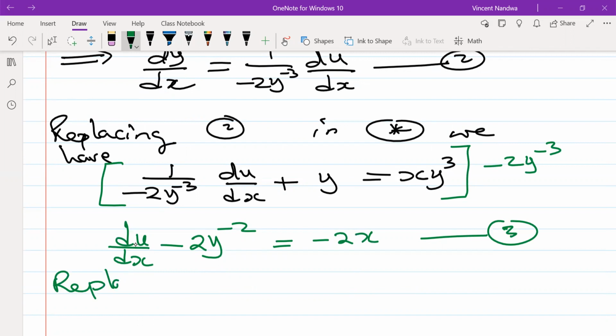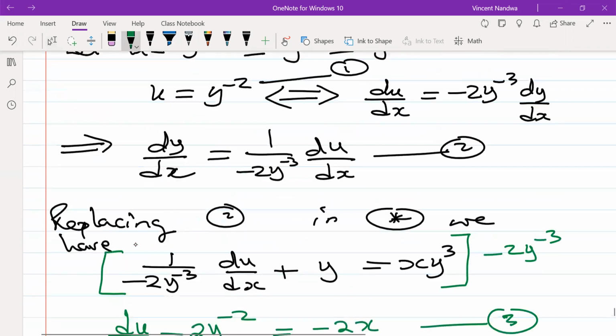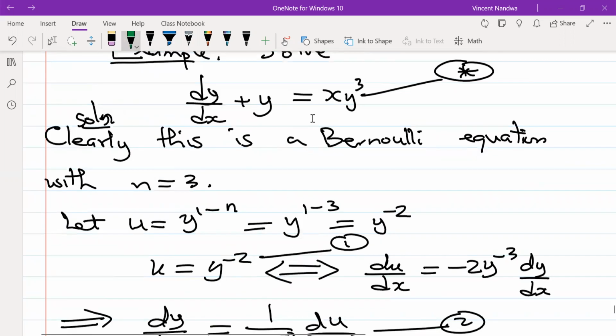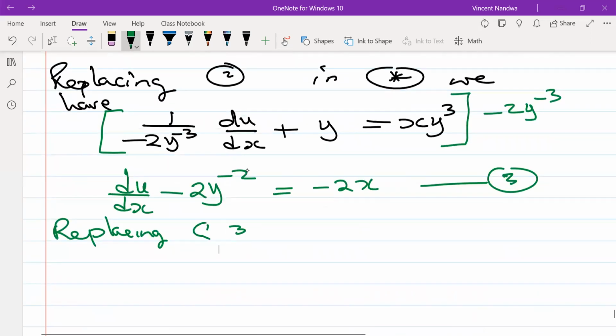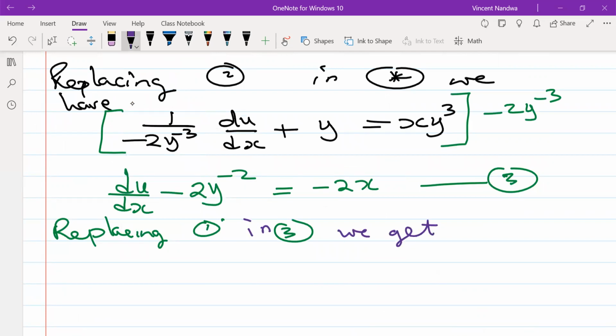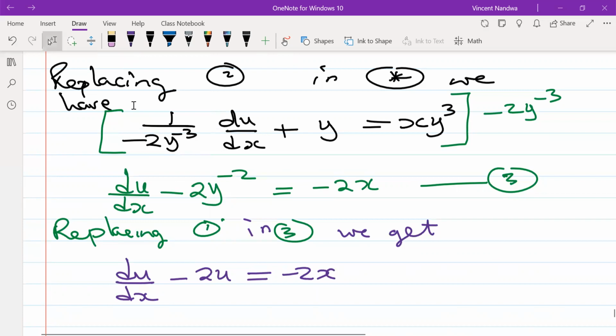Now replacing equation 1, which defines u in terms of y, in 3, we get du/dx minus 2u, because this is u, equals minus 2x, which is a first order differential equation.